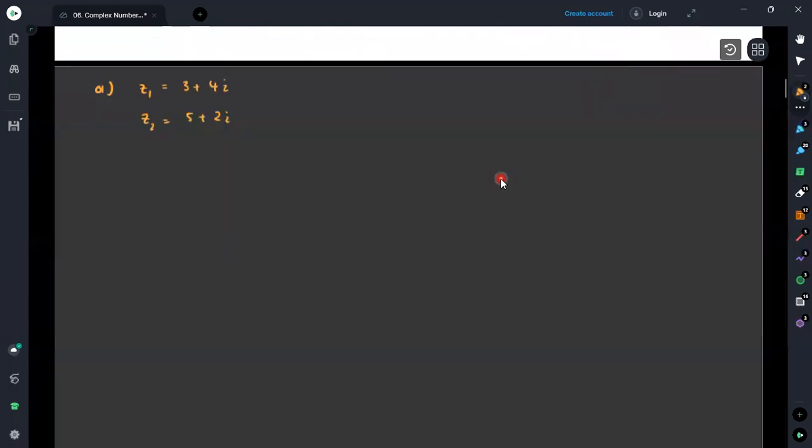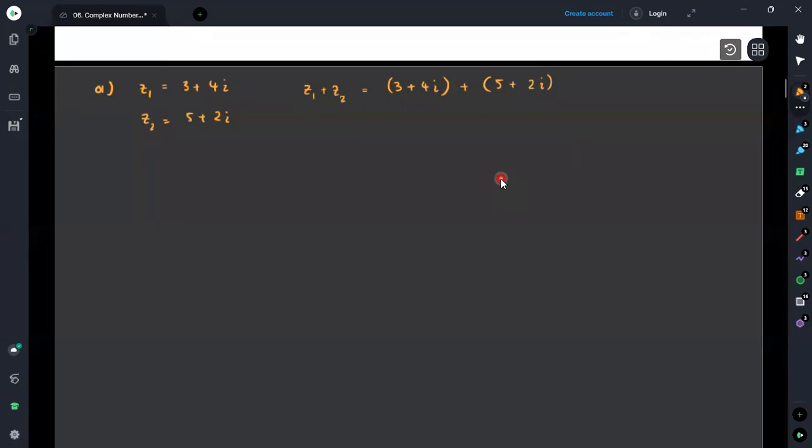Here it is asked to calculate the value of Z1 plus Z2. If we write down the numbers first, Z1 is given as 3 plus 4i, added to Z2, which is 5 plus 2i.